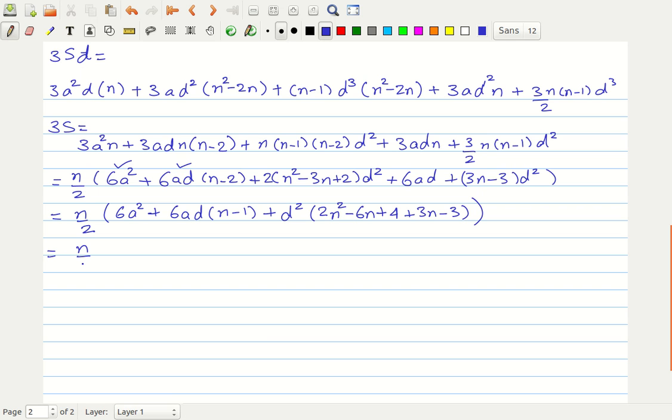This is n by 2 times 6a square plus 6ad n minus 1 plus d square times 2n square minus 6n plus 3n becomes minus 3n, plus 4 minus 3 becomes plus 1.